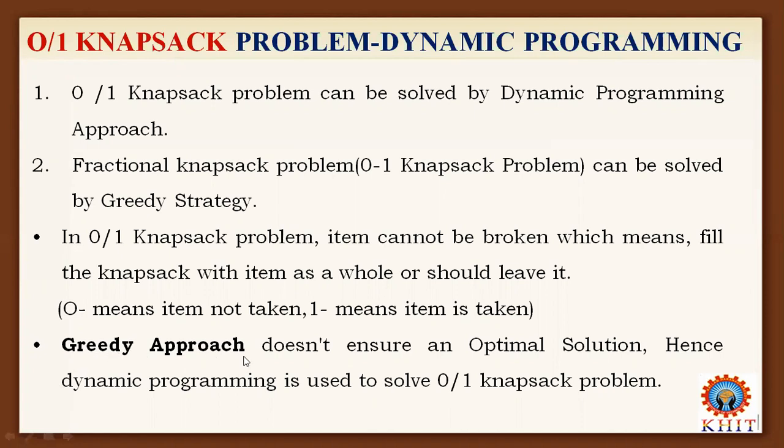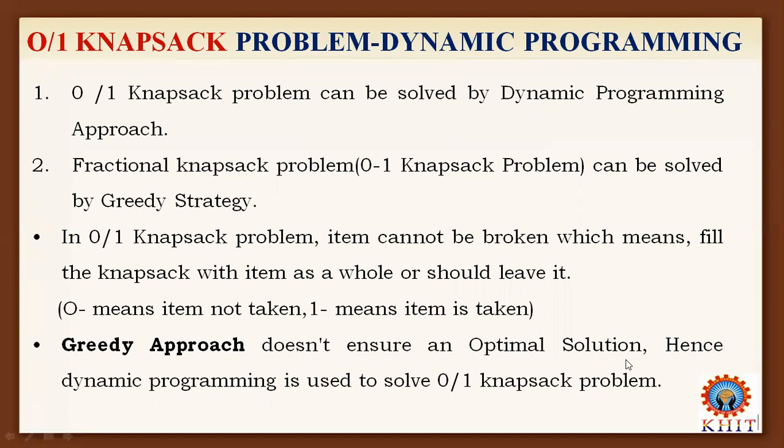The next one is the greedy approach. What is the drawback of the greedy approach? The greedy approach is used to solve the fractional knapsack problem. The main drawback of the greedy approach is that it does not ensure an optimal solution.